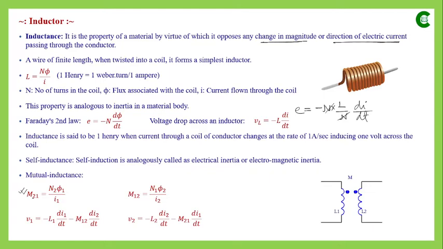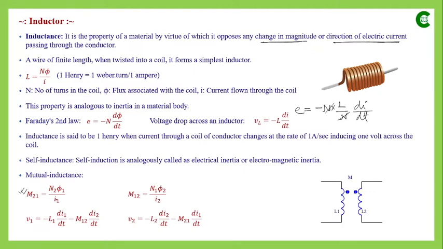So it is the value of the mutual inductance of the second coil, but because of the flux that flows in the magnetic field of the first coil, and also the current value that flows in that first coil. So the cause, the current and flux, will come from the first coil, and the effect will be in the second coil. And here the number of turns will be linked with the second coil. So formula wise, M21 will be N2 phi 1 by I1.